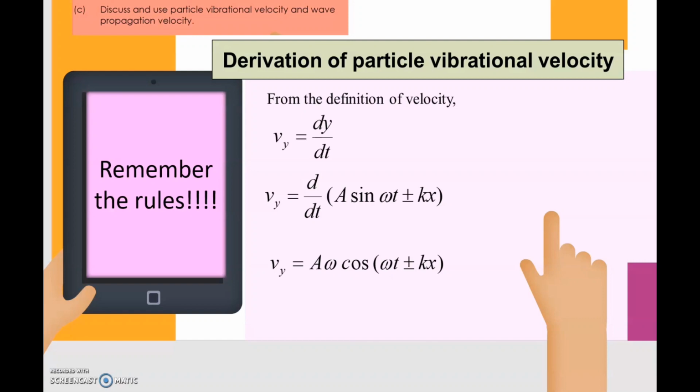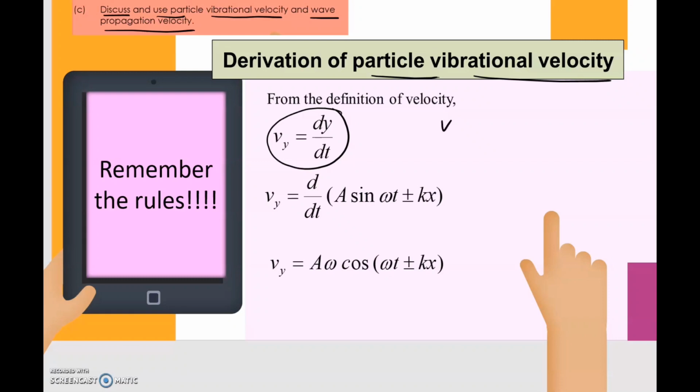So then, number 10.1c, we have to discuss and use particle vibrational velocity and the wave propagation velocity. So this is the derivation for particle vibrational velocity. From the definition of velocity, we have Vy equal to dy over dt. So then you have to differentiate: d over dt of a sin(omega t ± kx).